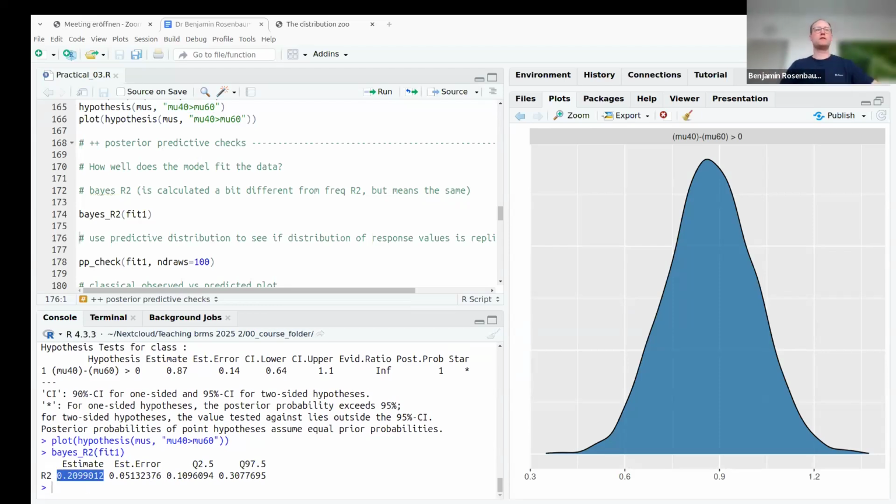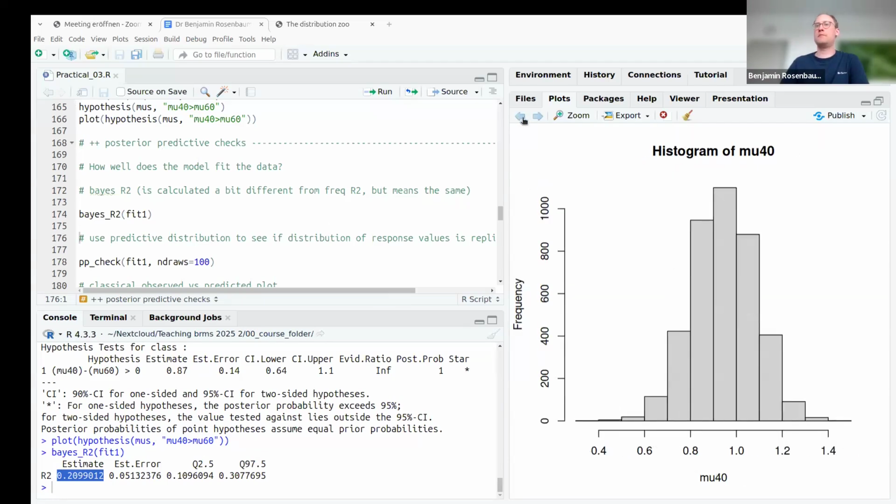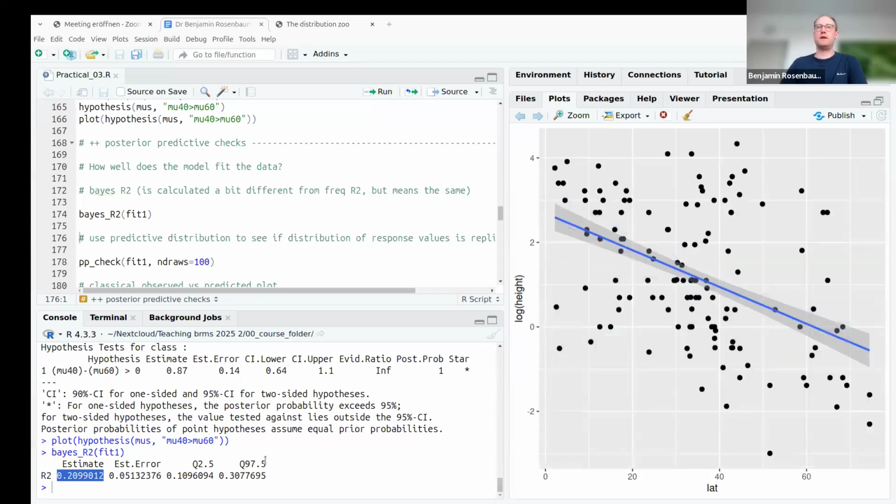Here in this case, it's not too high, but in ecology, we are used to that, having the amount of explained variation, for instance, around 20%. That's the same interpretation as in frequentist statistics. But since everything is a distribution, we also get some associated uncertainty here.